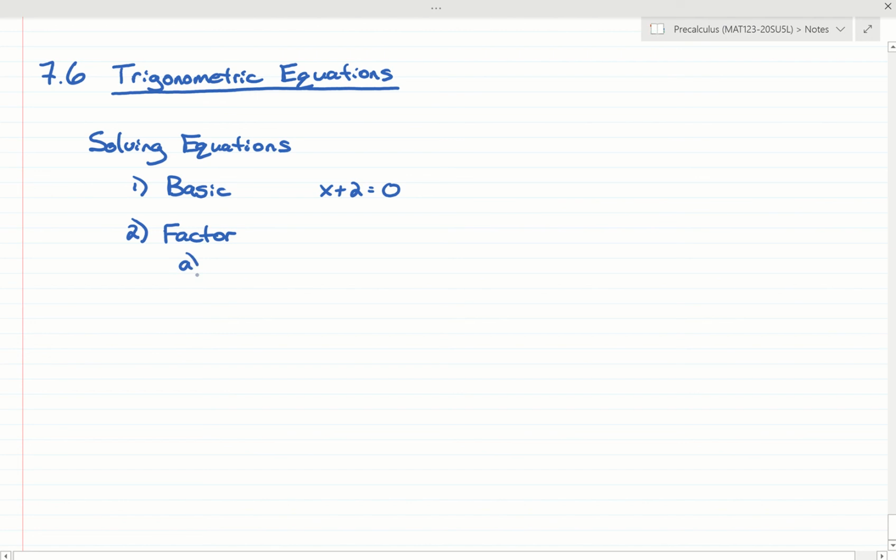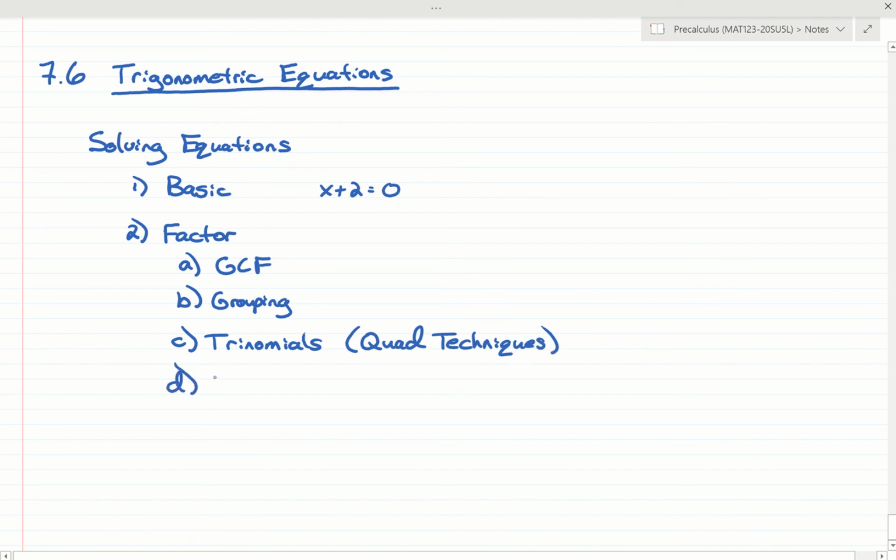And when we factor, we have just regular GCF factoring. We have grouping. Probably one of the main factoring techniques is when we are dealing with trinomials. Specifically, in trig equations, we might have to use quadratic techniques, but we'll talk about that when we get there.